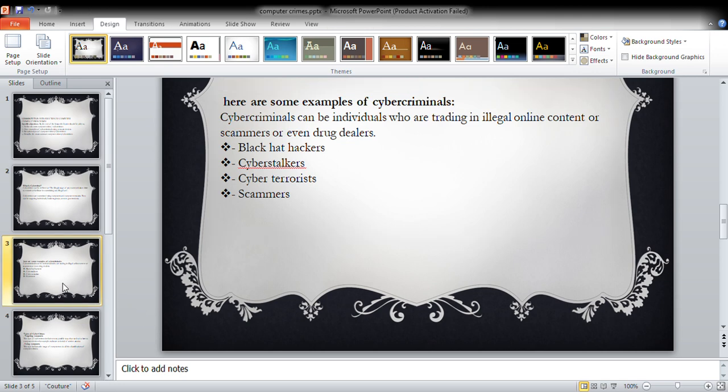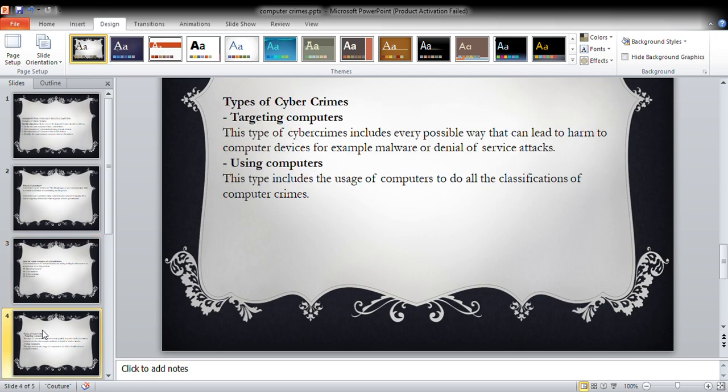Let us look at the types of computer crimes or types of cyber crimes. They are categorized into two. The first one is those targeting computers. This type of crime includes every possible way that can lead to harm to computer devices, for example, malware or denial of service attack.